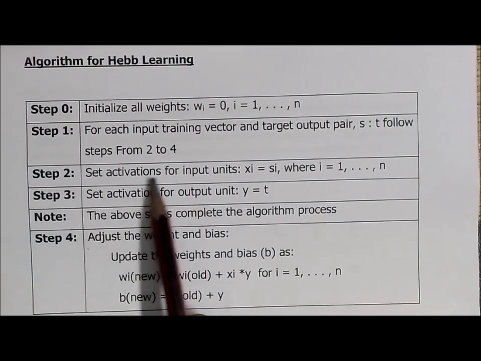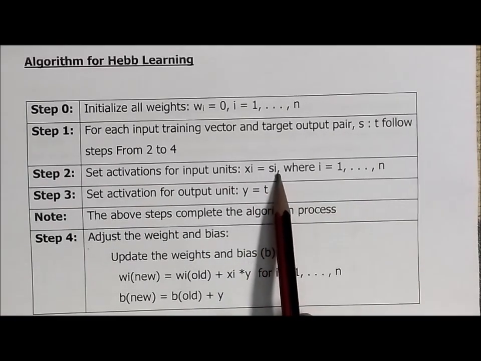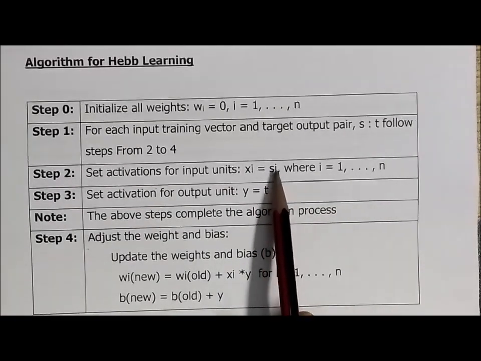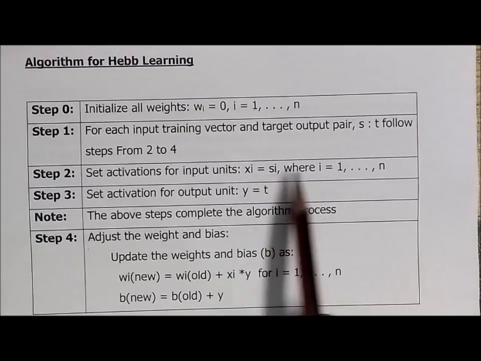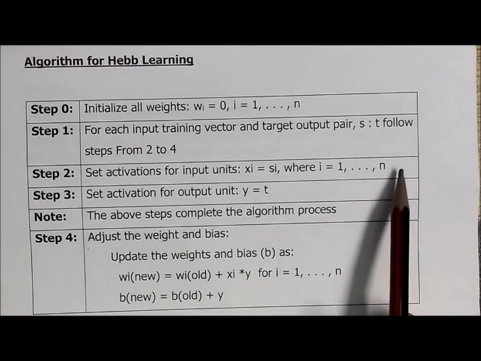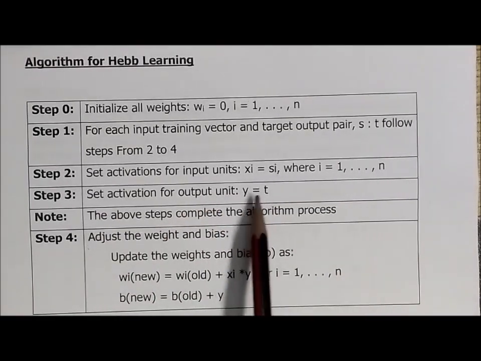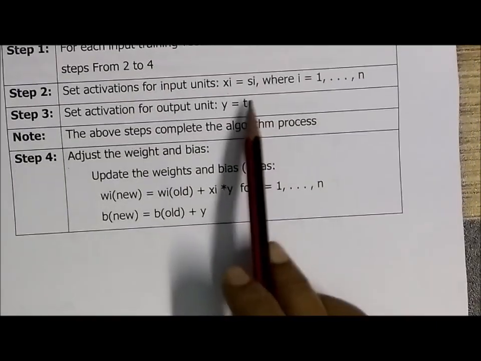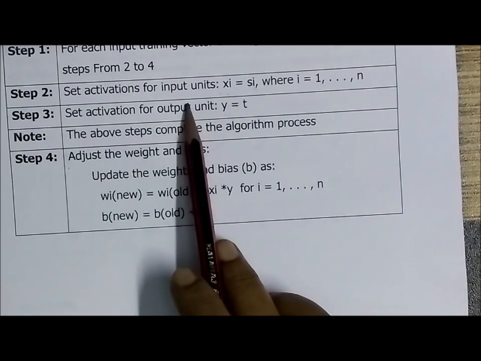Step 2: Set activation for input units, that is Xi = Si, where Si is the training vector which is given as input to Xi, where i ranges from 1 to n. Set the activation for output unit Y = T. So the above steps complete the algorithm process.